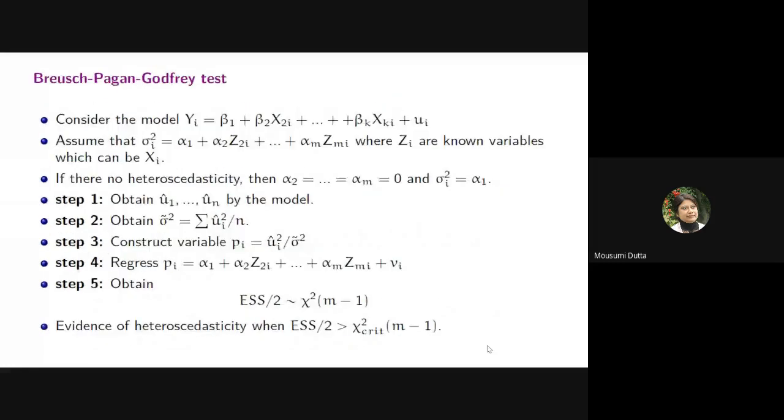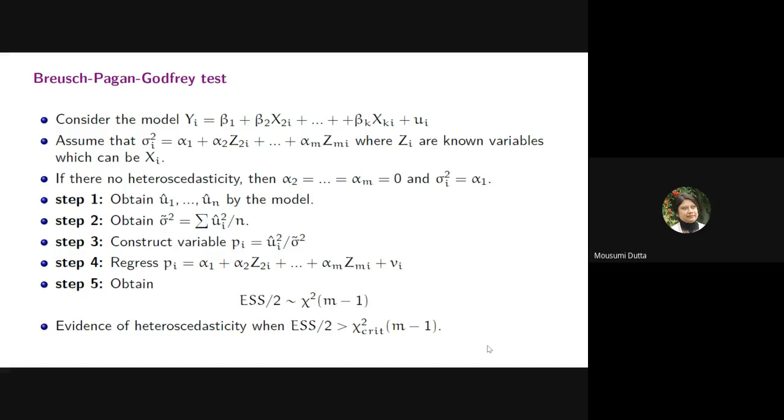So if it is understandable, next we are moving to the last test we are considering here, the Breusch-Pagan-Godfrey test. Breusch-Pagan test basically, and later Godfrey brought some changes and edited the version, and therefore we call it the Breusch-Pagan-Godfrey test. We are considering the standard regression model, yi is equal to beta 1 plus beta 2 x2i.